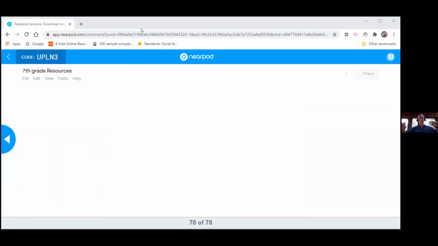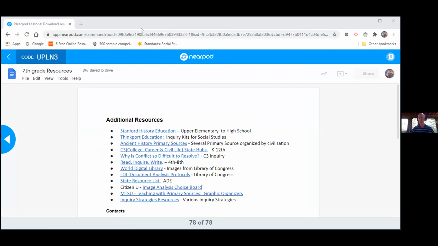Okay, and then this is available, so everyone make sure you open this and save this. Here are some great resources and places that you can find. A great one is the inquiry kits from ThinkPort Education. The World Digital Library is another great one. There's the C3 State Hub. There are some good ones there. Citizen U has a great image analysis choice board with different kinds of image-based things that you could use for bell work.